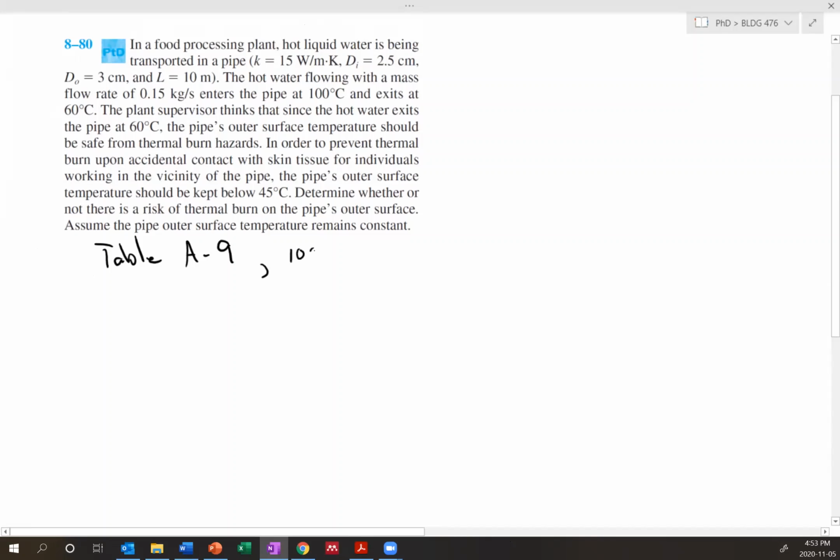So 100 plus 60 over 2, which is 80 degrees Celsius, and then that's where we're going to get our properties. So again, we're going to get our Cp, 197 joules per kilogram Kelvin.